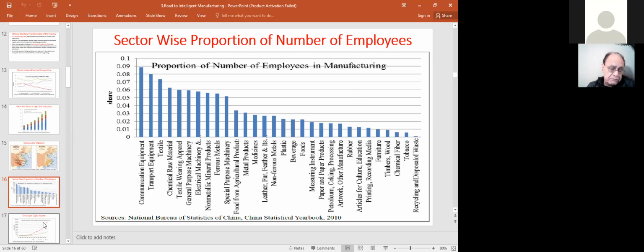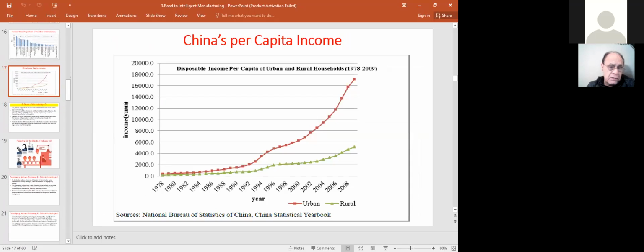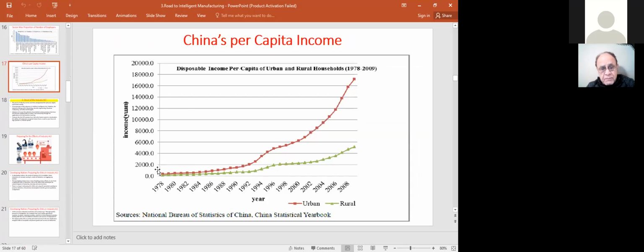As a result, you see, this chart shows the income per capita of urban and rural households. As you see, there is a tremendous increase in the household income in the period from 1978 to 2008.